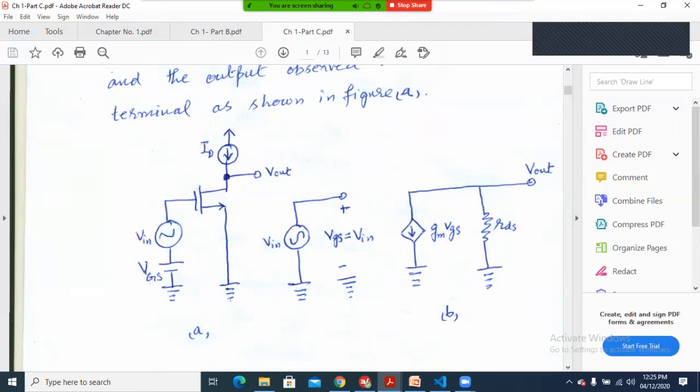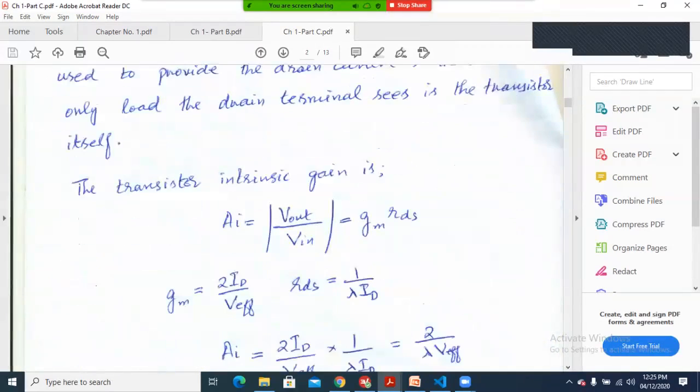The input voltage is Vin, and the output is gm VGS RDS, so gm Vin RDS. So we have gm Vin RDS divided by Vin is equal to gm RDS.